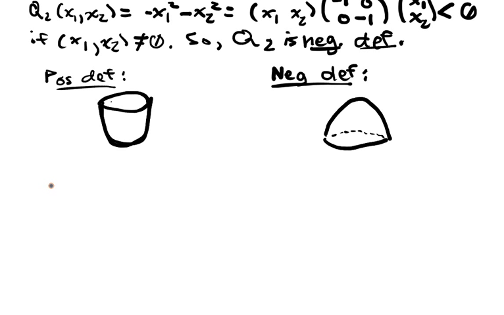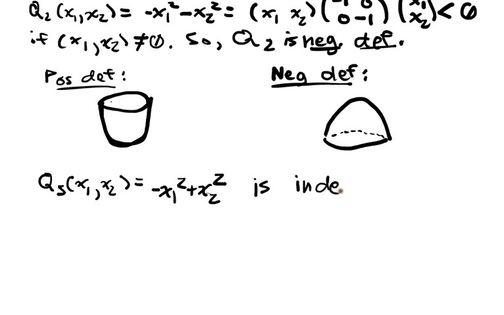Now suppose that we have Q3 of (x1, x2) equal to negative x1 squared plus x2 squared. Since I can plug in a non-zero x1 here and the same value for x2 here, I'll get 0. We'll call this indefinite.